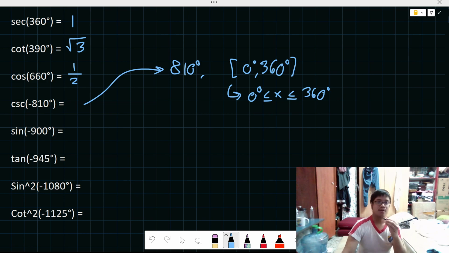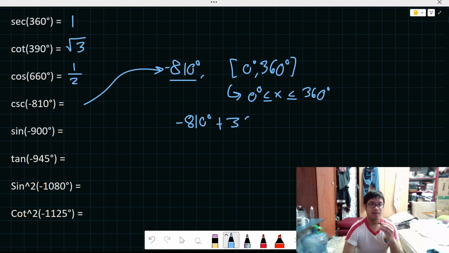Now let's find the coterminal angle within this interval. The question is how though? Since it's less than 0 degrees, we're going to add 360 degrees until we reach an angle within this interval.